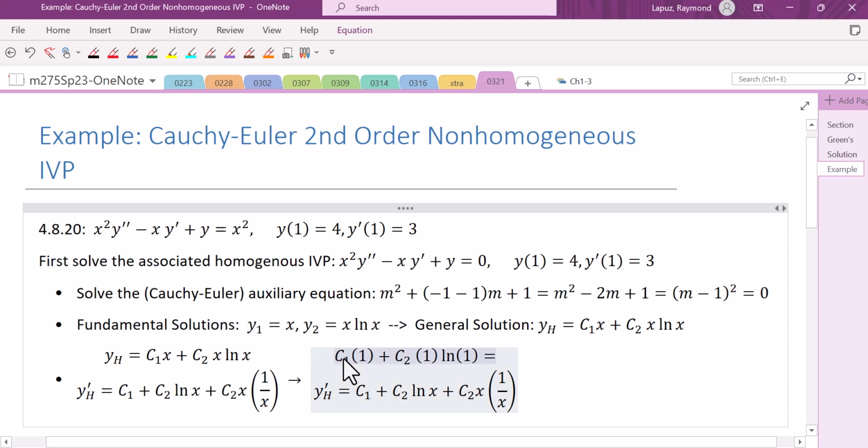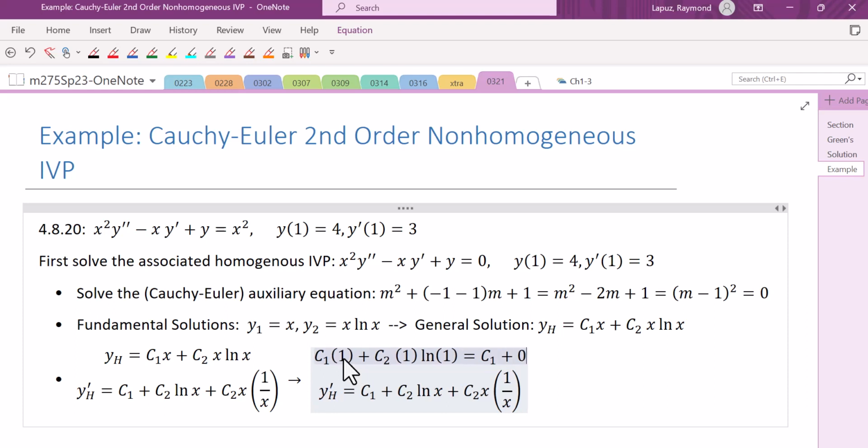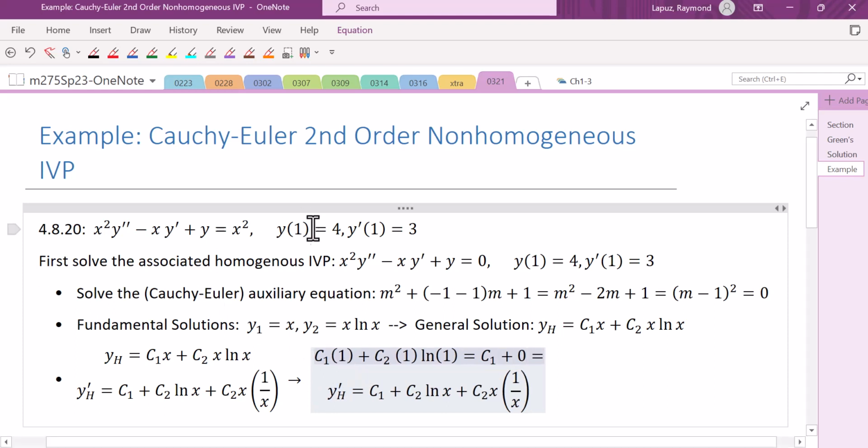So that means the first equation will just be c sub 1 plus 0, and this is supposed to equal our first initial condition, which is 4. So we're going to get c sub 1 is equal to 4.